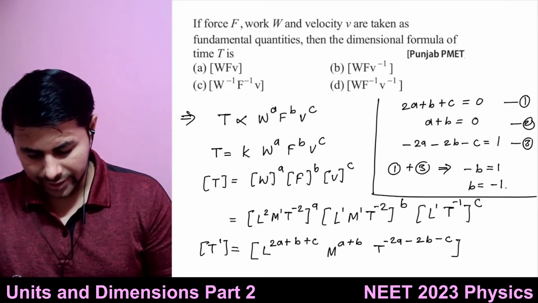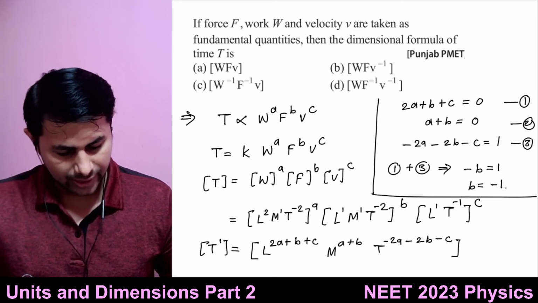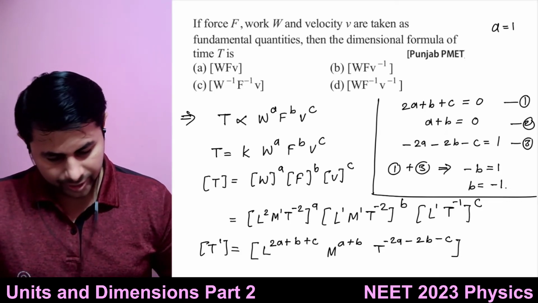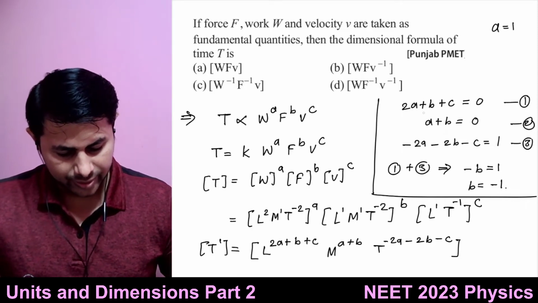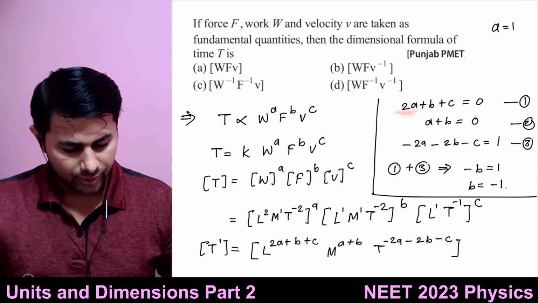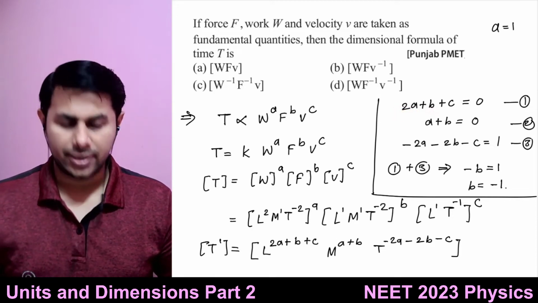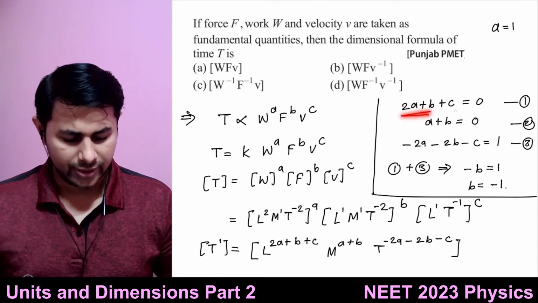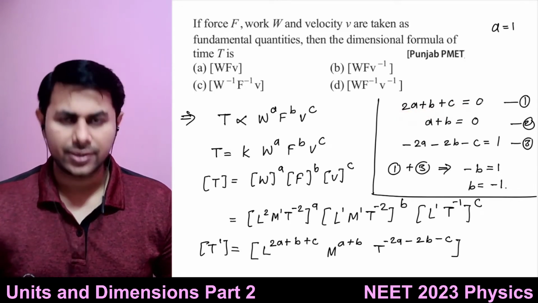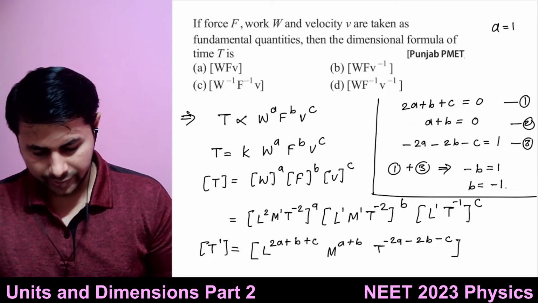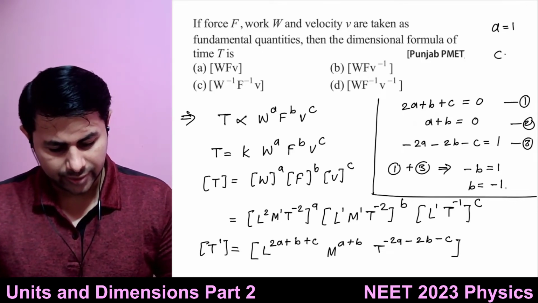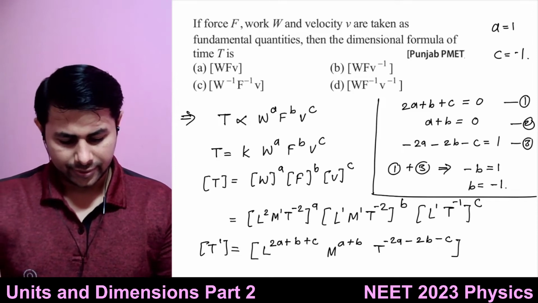Substituting that, what do we get? It is 2 times A, so 2 times 1, 2, plus B, that is 2 minus 1 is 1, plus C is 0. So 1 plus C is 0, that means C is minus 1, right? C is equal to minus 1.